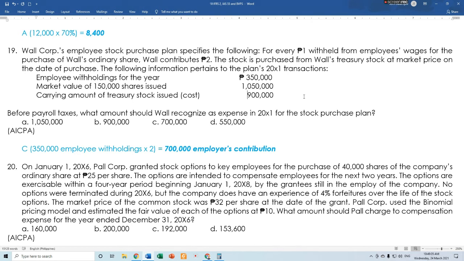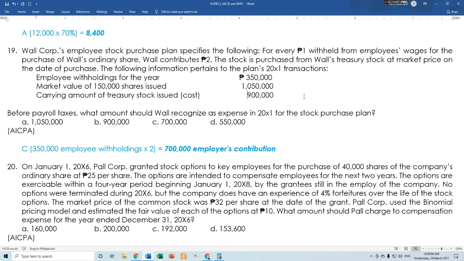The following information pertains to the plan. Employee withholdings is 350, so the expected employer contribution is 700, because times 2. Market value of the 150,000 shares issued is 1,050,000. The carrying amount of the treasury stock issued at cost is 900. Before payroll taxes, what amount should Wall recognize as expense in 20x1 for the stock purchase plan?